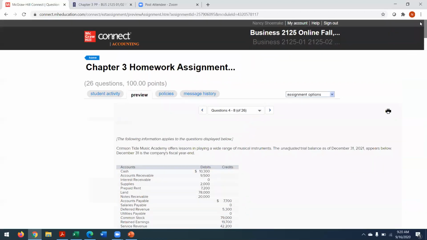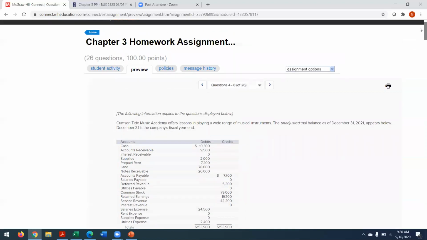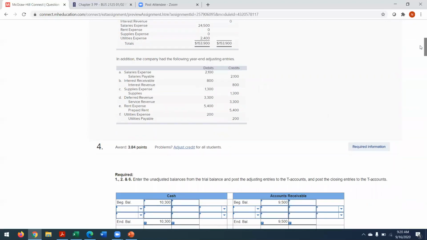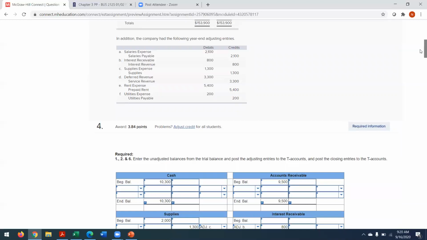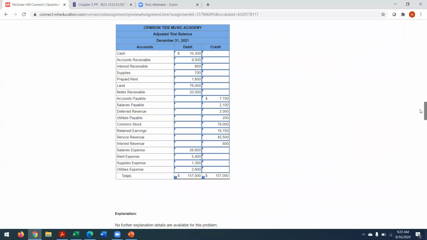This was a very comprehensive problem, but it really allows you to see the process of our unadjusted trial balance, our adjusted journal entries that we then use to prepare our adjusted trial balance. From that, we prepare our income statement first, our statement of stockholders' equity, and our balance sheet.